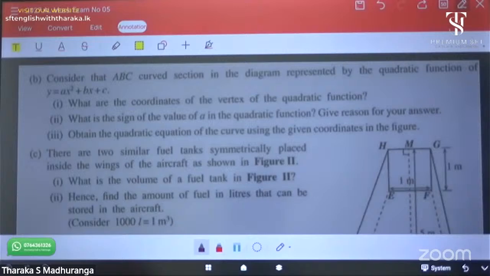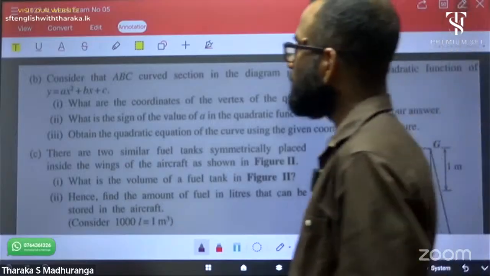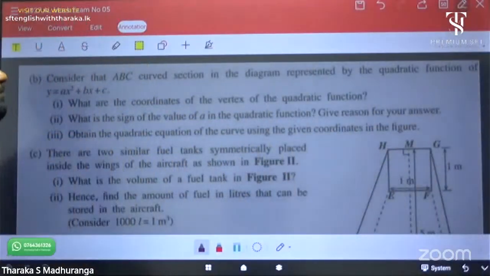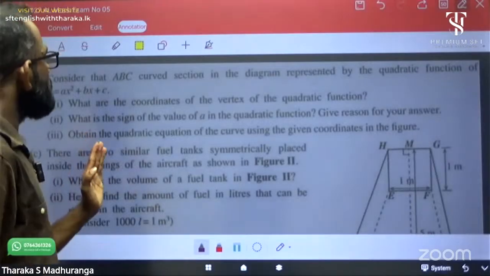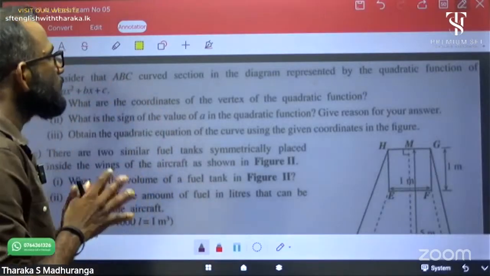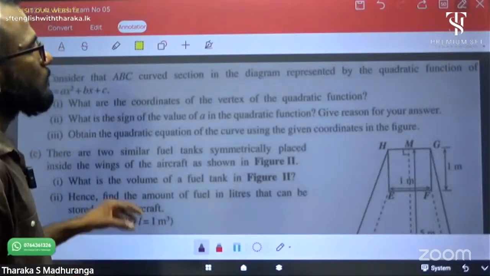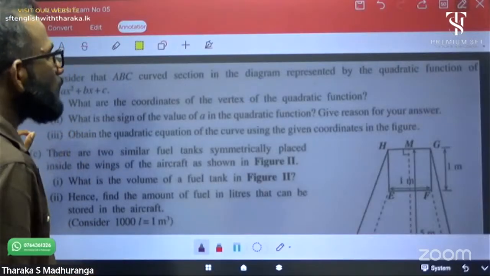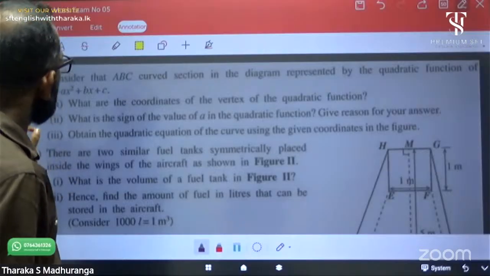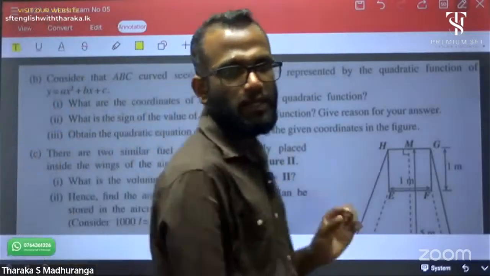Okay, let's go into part B. Consider that the ABC curved section in the diagram is represented by the quadratic function y equals ax squared plus bx plus c.